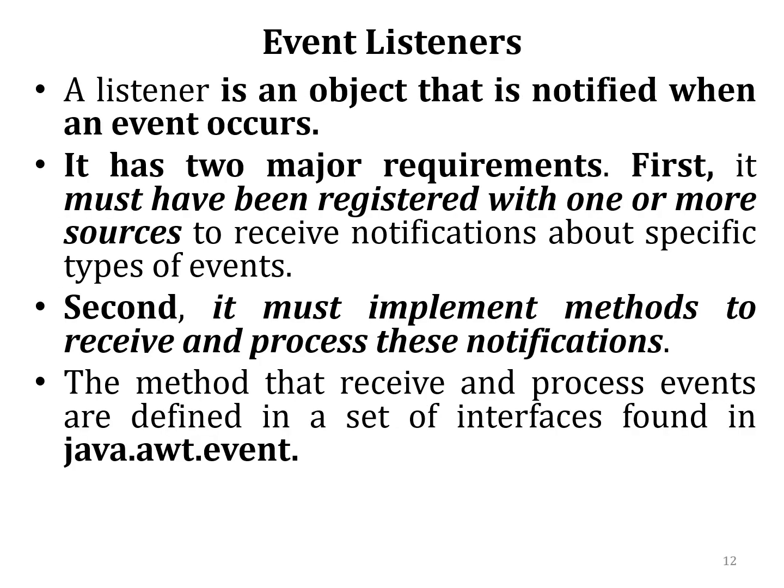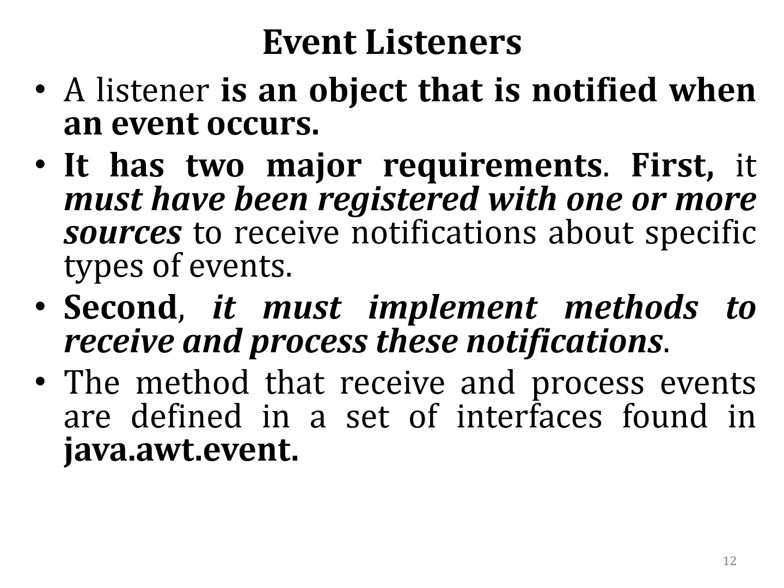Now the next is event listeners: what type of event listeners there are and how we use them. A listener is an object that is notified when an event occurs. It has two major requirements. First, it must be registered with one or more sources.